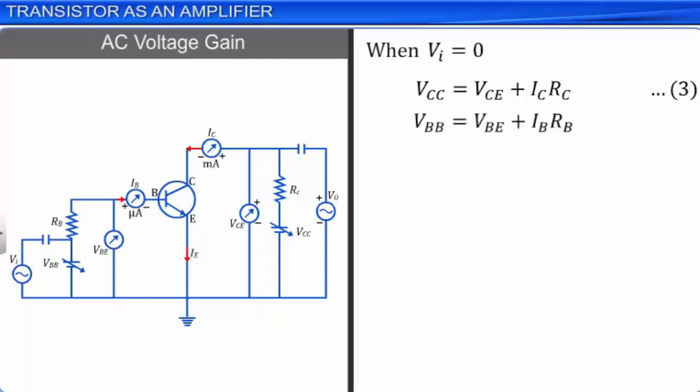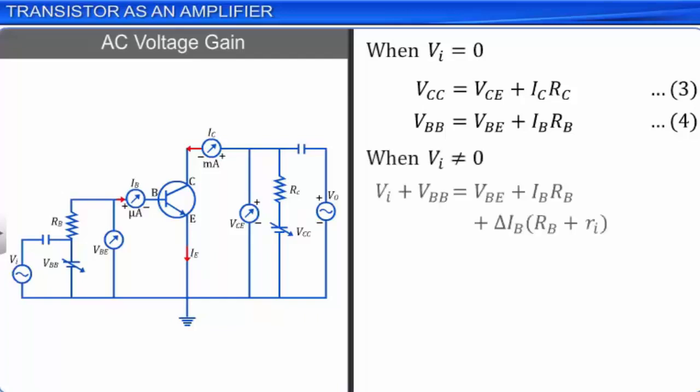When the input AC voltage VI is not 0, we get the sum of VI and VBB as VBE plus IB into RB plus delta IB into RB plus Ri. Let this be equation 5, where Ri in equation 5 is the internal resistance of the input circuit, which is equal to delta VBE by delta IB.